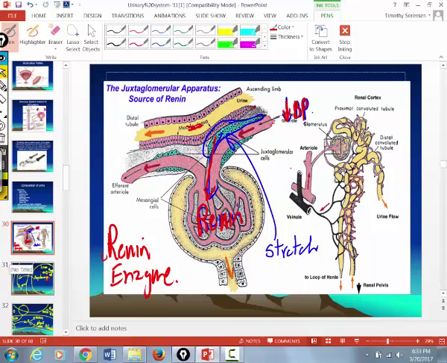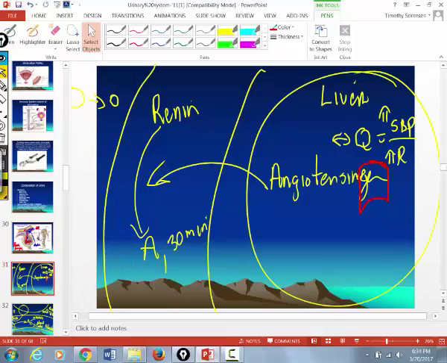Ready? Okay. Again, renin was released because there's a drop in blood pressure. So renin is going to somehow raise that blood pressure. What's continually produced by the liver, but in its inactive form? Angiotensinogen, produced by the liver and dumped into the blood. What do you got in the blood now? You got renin because your blood pressure was low. So renin converts the inactive angiotensinogen into the active angiotensin 1.